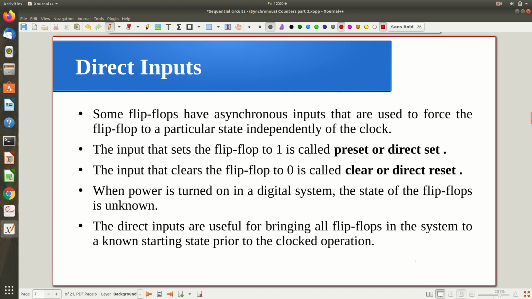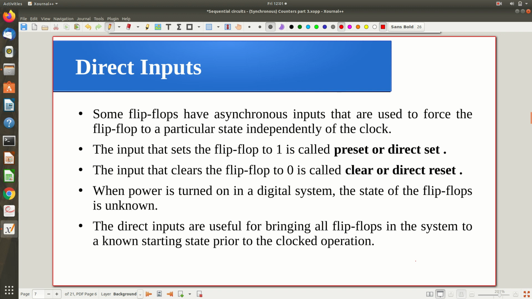That's all. Now there is something called direct input. This also we discussed. Sometimes we want to set all the flip-flops irrespective of the current value. That is our preset input, or we call it direct set also. And clear input is something where we want to clear all the flip-flops, or reset all the flip-flops. Now I want you to think yourself or read from the textbook how this preset and clear are incorporated into the flip-flop, because for the flip-flops we have different input combinations.